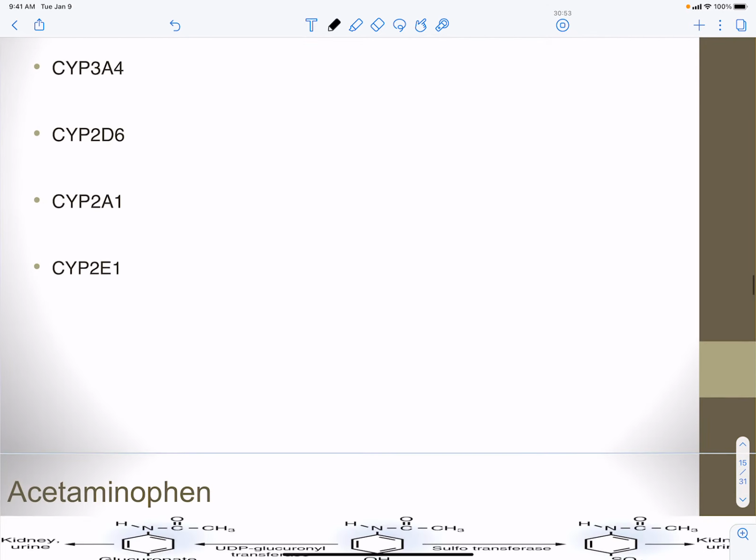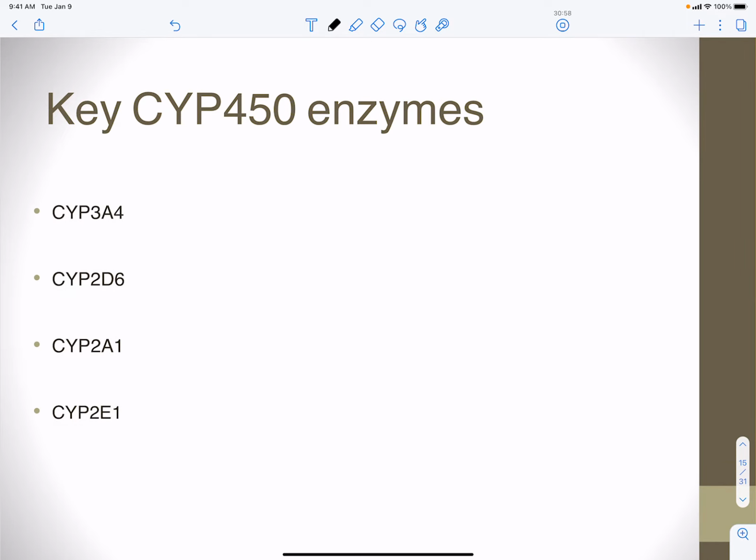Now let's talk a little bit about some of these. So we have CYP3A4, and this is about 60% of all CYP450 enzymes in the liver. Your gut also has CYP3A4, and that's about 70% of your gut P450s. So CYP3A4 is going to metabolize a lot of drugs and a lot of xenobiotics that we ingest.